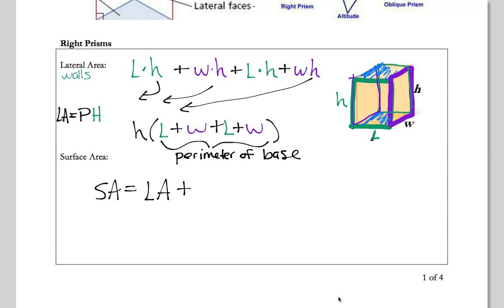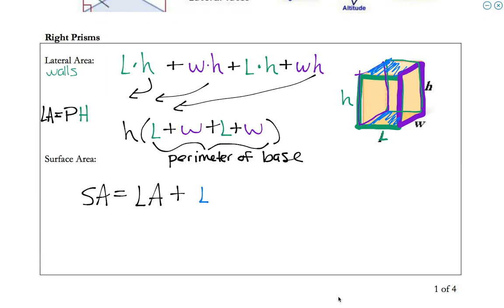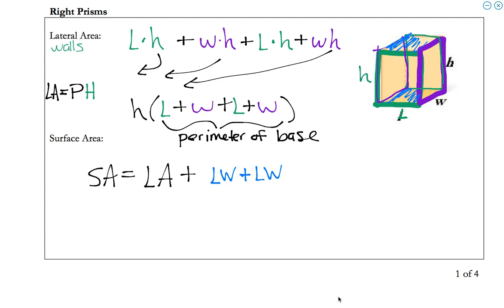Because we got all the walls, now we have to put on the floor and the ceiling, which is L times W plus, that's the bottom, here comes the top. But that's just for a rectangle.